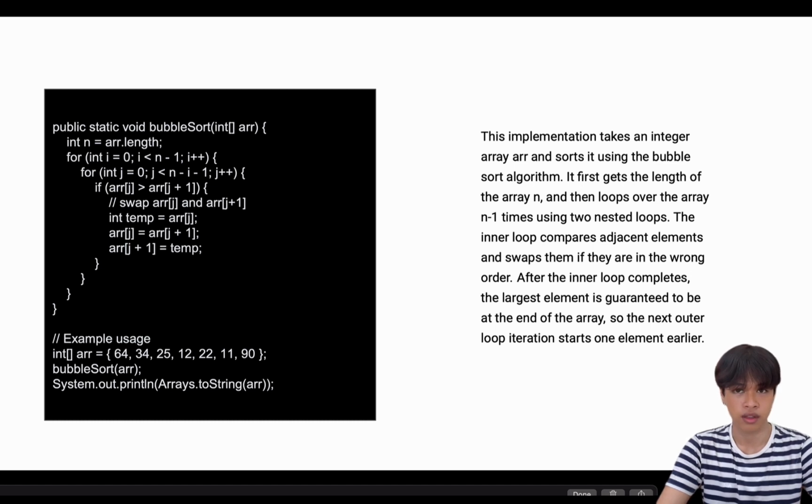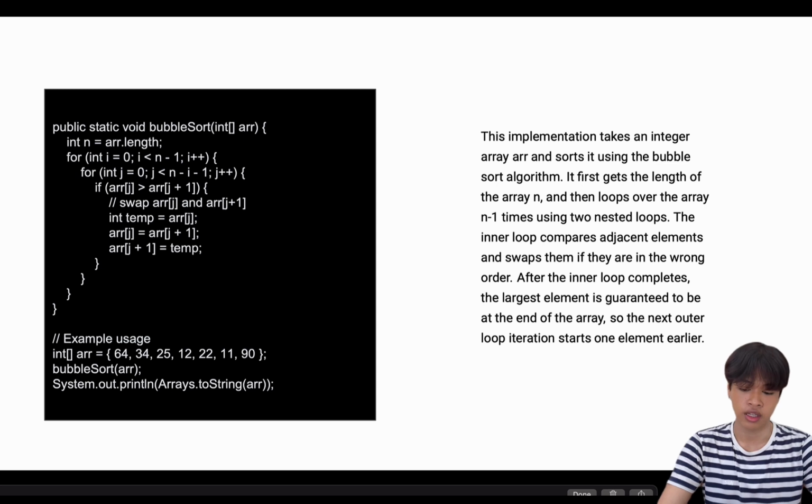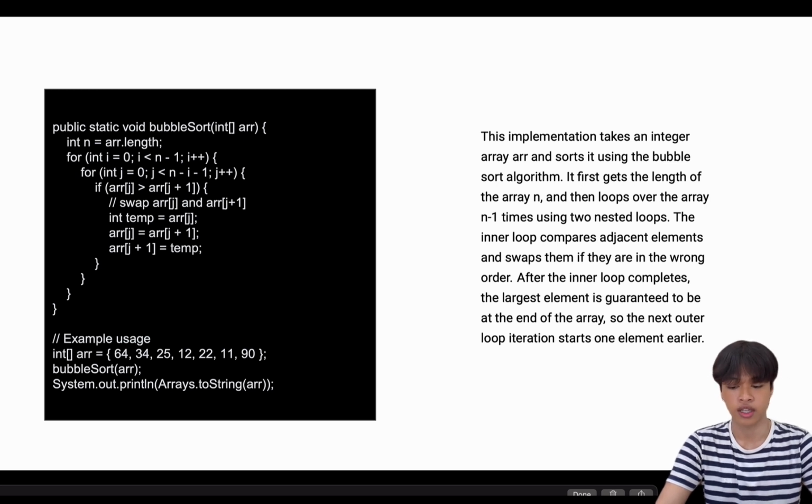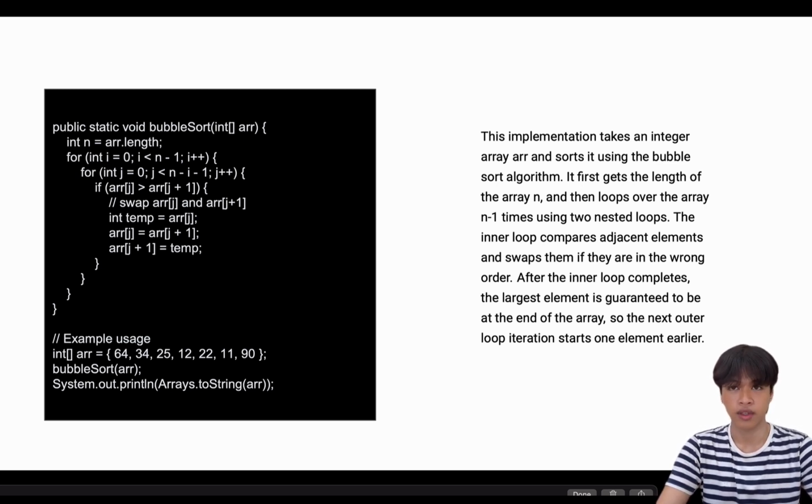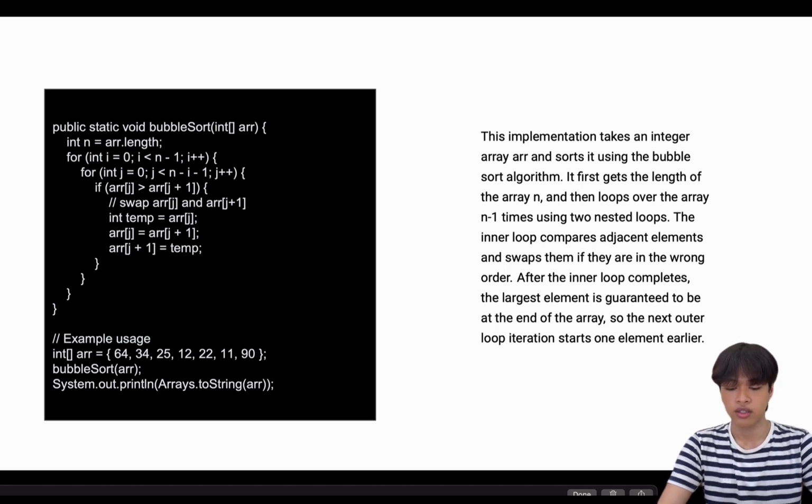Repeat step 1 until the array is sorted. An example use of the program is to create an array of size 7 and initialize it with elements, then call the bubble sort function to sort the elements in the array. Finally, it prints the sorted array.